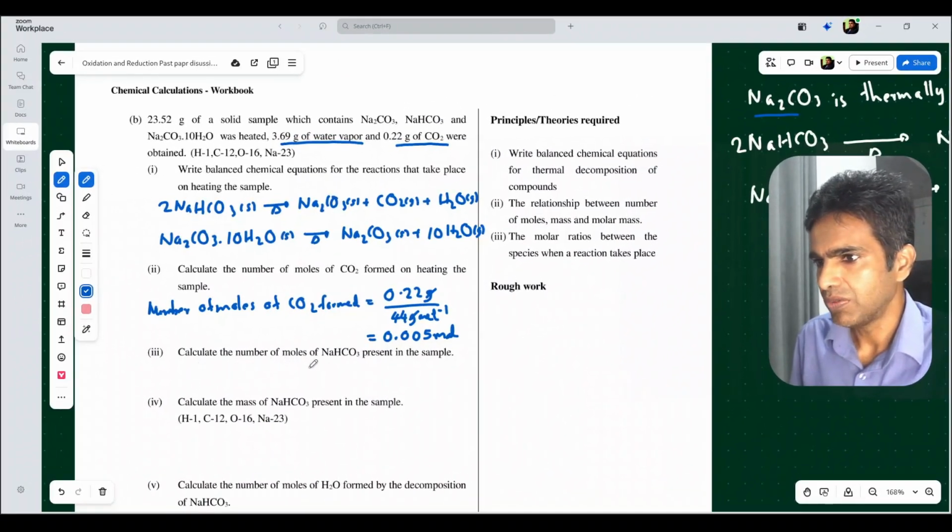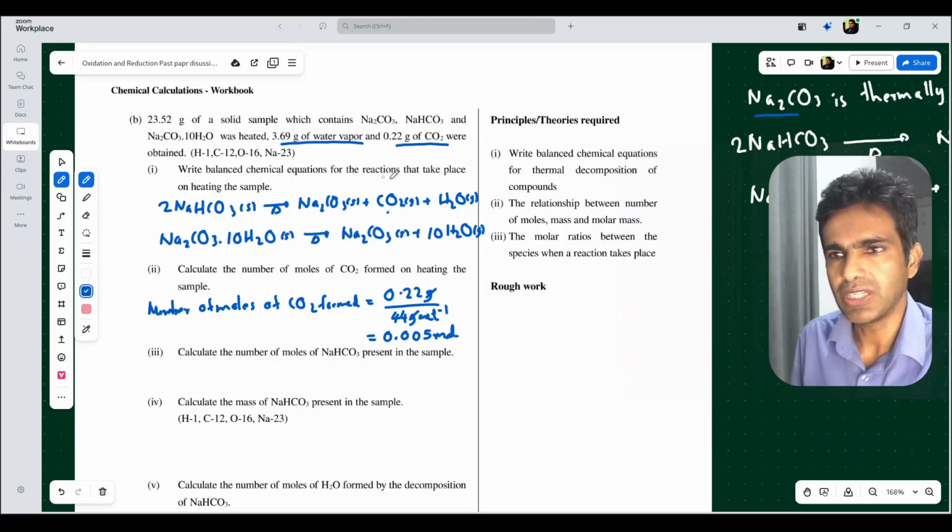Then calculate the number of moles of sodium bicarbonate present in the sample. So when we consider these thermal decomposition reactions, only the thermal decomposition of sodium bicarbonate forms carbon dioxide. Therefore, we can calculate number of moles of sodium bicarbonate using number of moles of carbon dioxide formed during that reaction. So what is the mole ratio? 1 carbon dioxide mole to 2 moles of sodium bicarbonate.